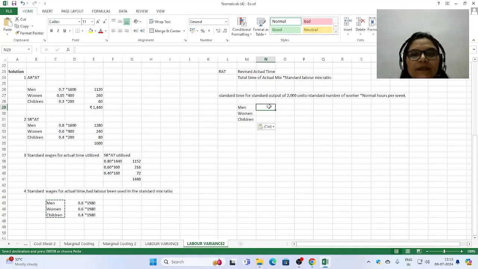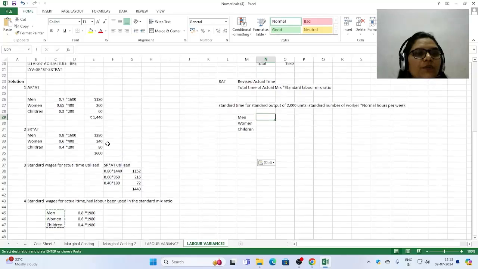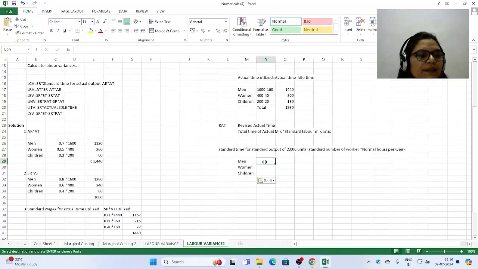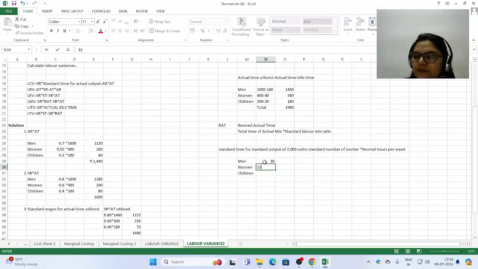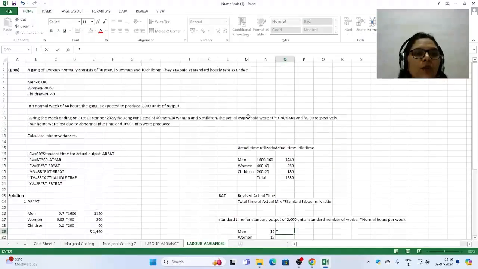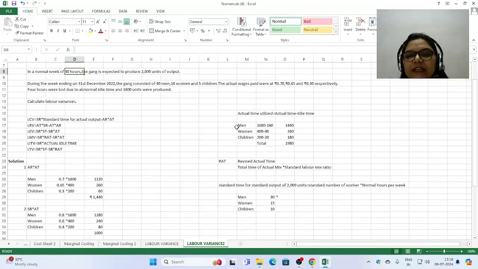So standard time we will calculate. Thirty into 40. Standard number of workers we have been given in the question: 30, 15, 10. Multiplied by normal hours per week. We know normal hours per week are 40 hours.